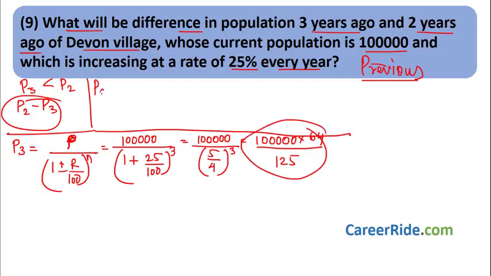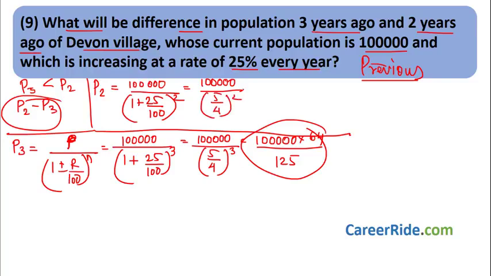Let us calculate the second year population. What would it be? 1 lakh divided by 1 plus 25 upon 100 squared. That would be equal to 1 lakh divided by 5 upon 4 squared, that is 1 lakh into 16 upon 25. Second year population, 2 years ago population, 3 years ago population, simply subtract.